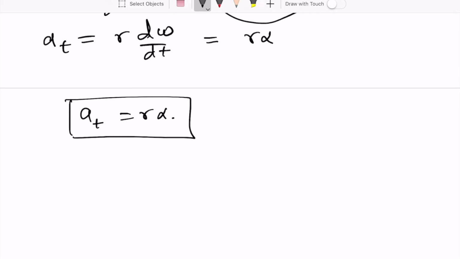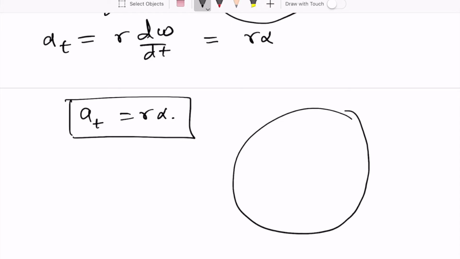Just to make that clear, what is alpha? We have our object going in a circle like this, and it's speeding up or slowing down. Alpha just measures how quickly omega, the angular velocity, is changing, right? Omega is again the rate at which the angle made at the center is changing. So how quickly is the omega changing? That is measured by alpha, right?